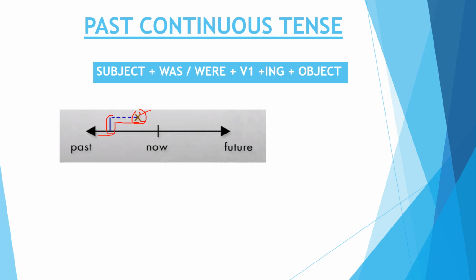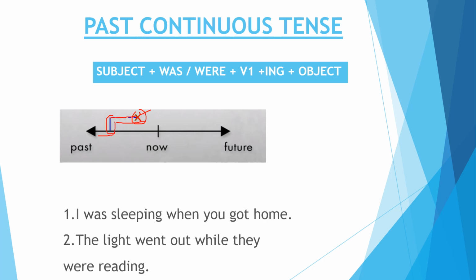So this action is going on for some duration of time in the past, or it is longer in duration than the other action in the past. So we talk about this action when it takes a longer duration of time than the other action. Let's understand with examples.